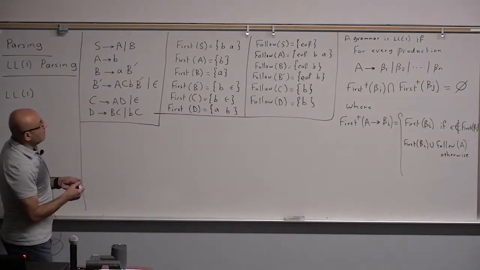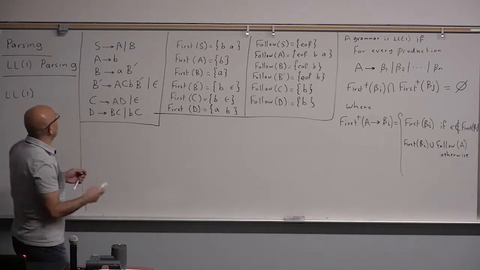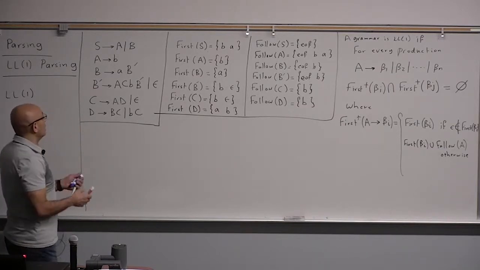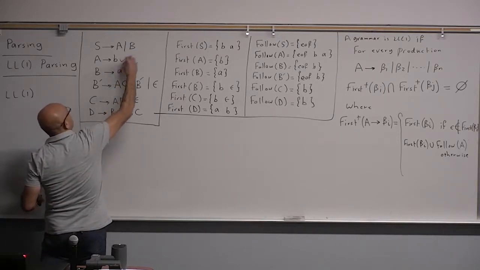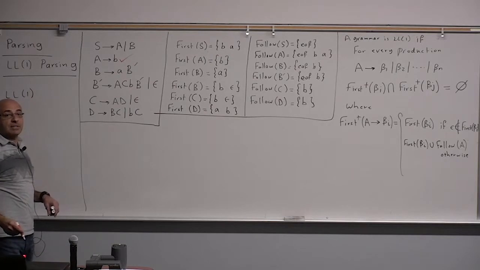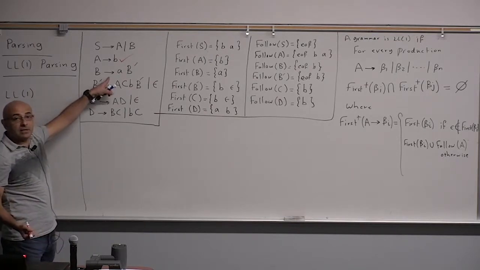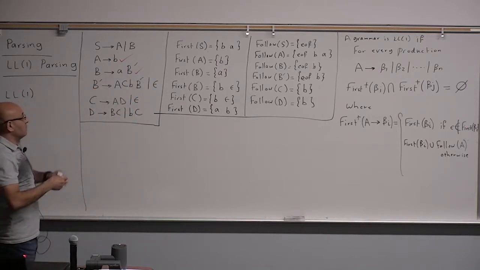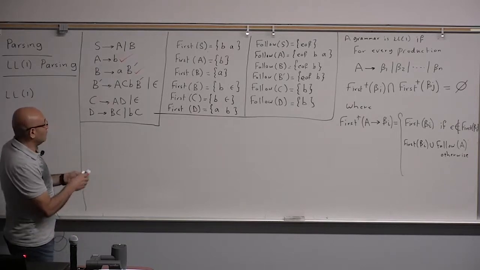So now let's apply this to this grammar here. We have to check this for every production. Now there are some productions that we don't need to check because they have a single alternative. So this production is already good because it has a single alternative. There's nothing to check. Here there is a single alternative, so we have nothing to check. It's already good. This has two alternatives, so we have to check it.